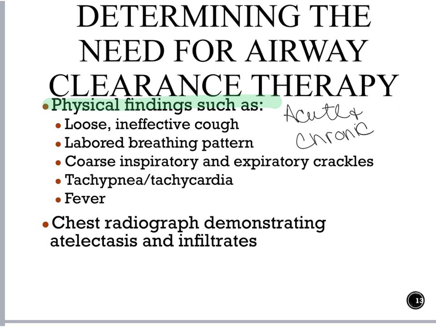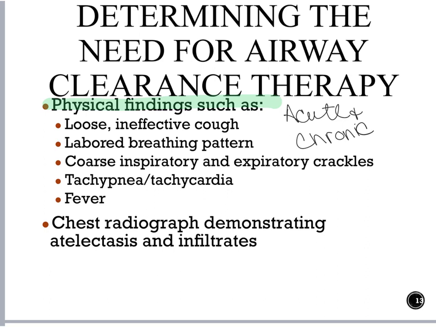So if someone has a loose, ineffective cough, it may be described as junky or rattly. If you hear someone cough and you can just hear lots of movement, they may need airway clearance therapy. A labored breathing pattern. So if they're tachypnic, if they're using accessory muscles to breathe, if they just look like they're struggling.